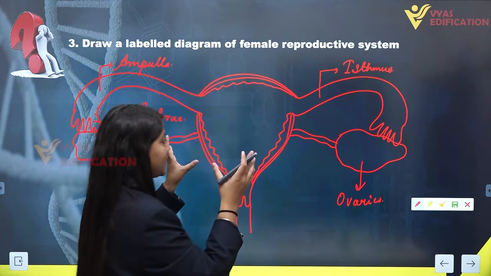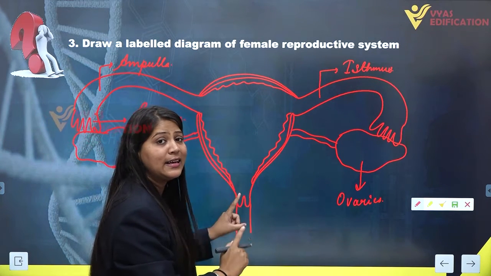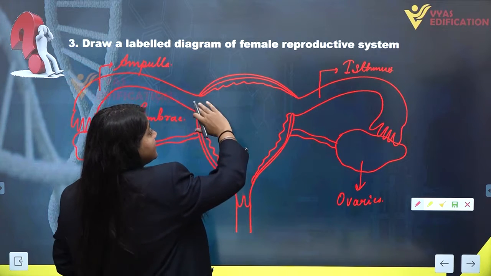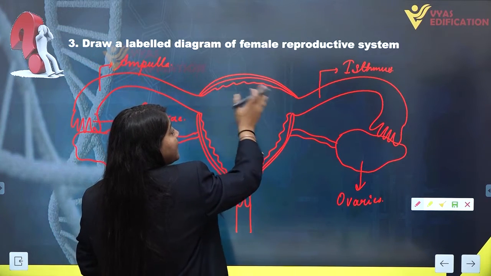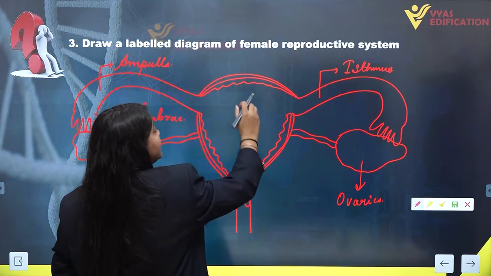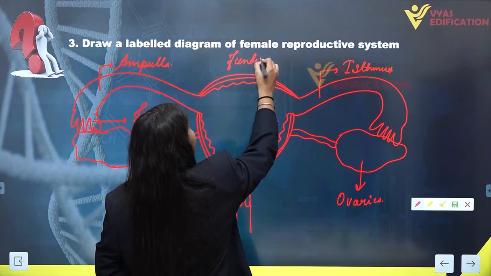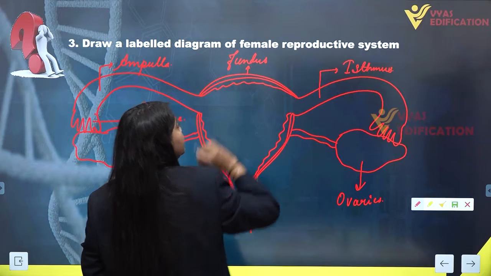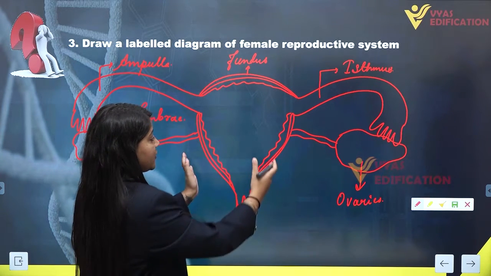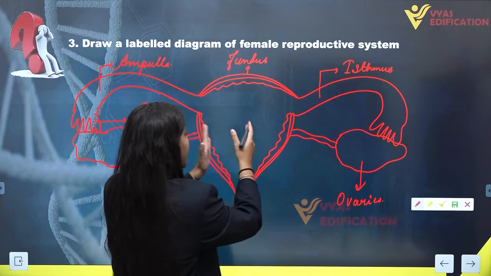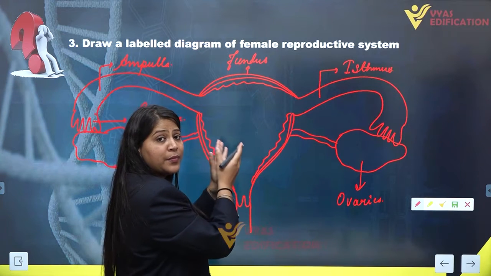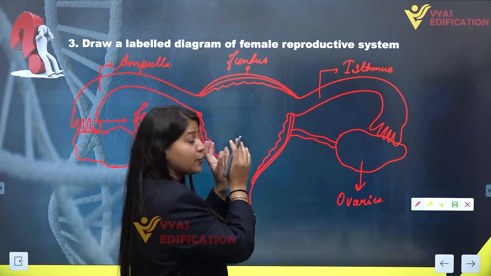Now let's come towards the uterus, which is single in number, and this swollen region on the upper side of the uterus, you can see, is the fundus part of the uterus. This is the body of the uterus, inside which we have a cavity in which the baby actually resides.